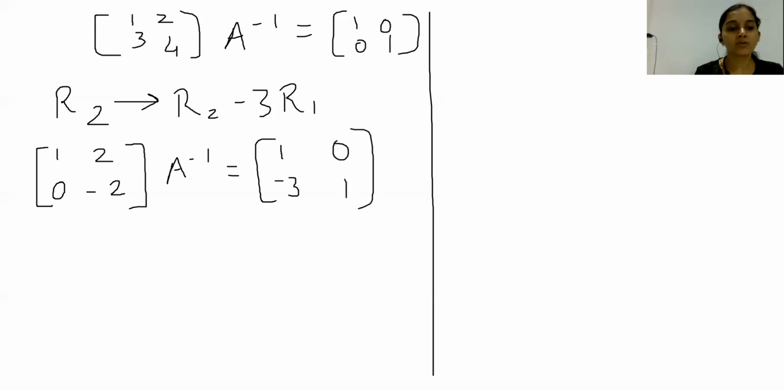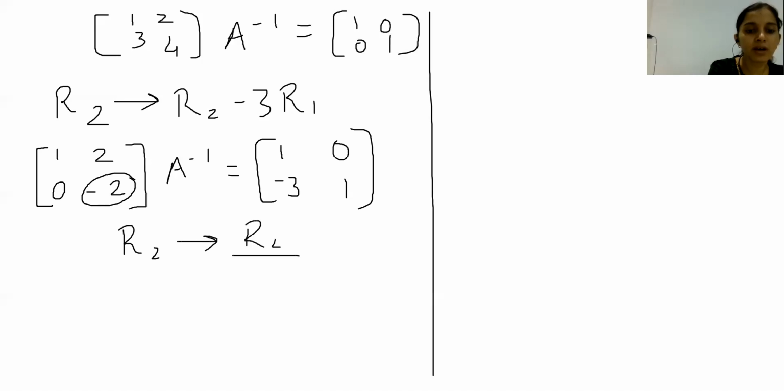Okay. Now, the next step is to convert the second diagonal element, that is this element, into 1. So how can we do that? I will do R2 changes to R2 divided by minus 2. Okay.